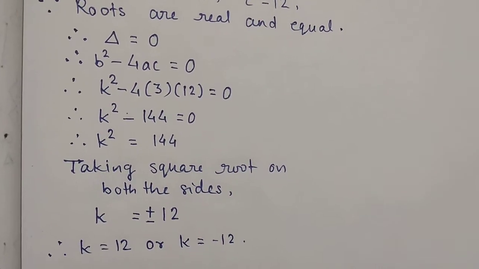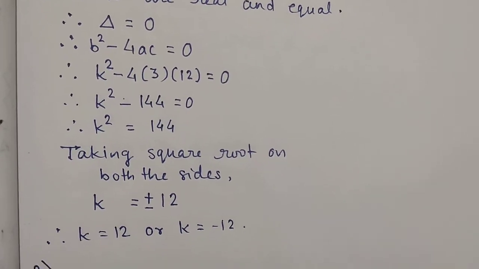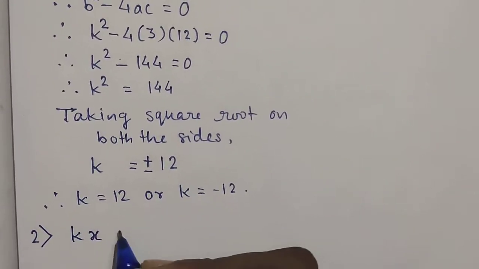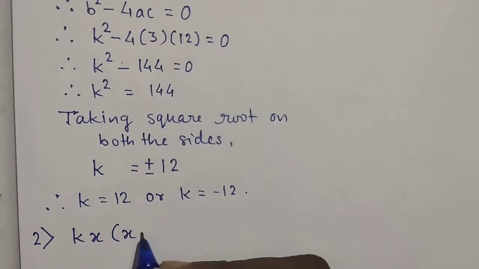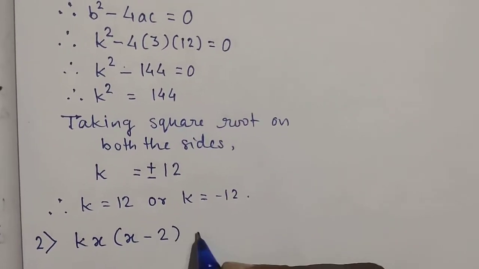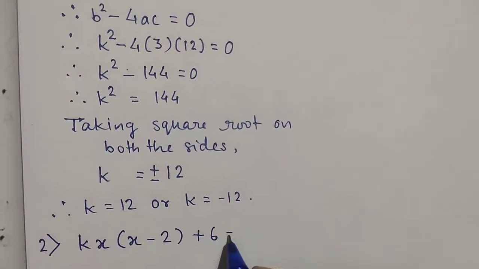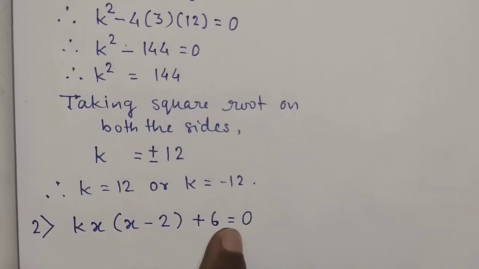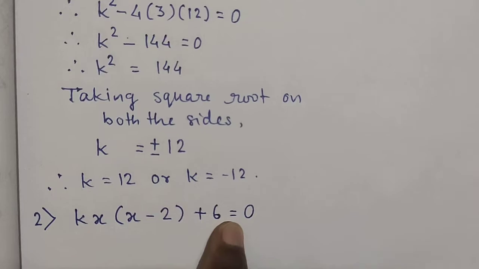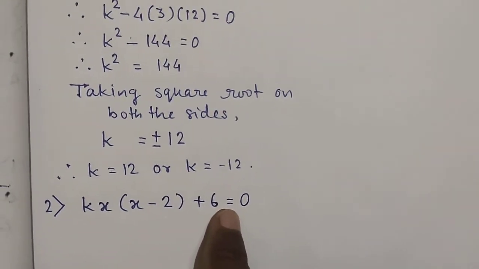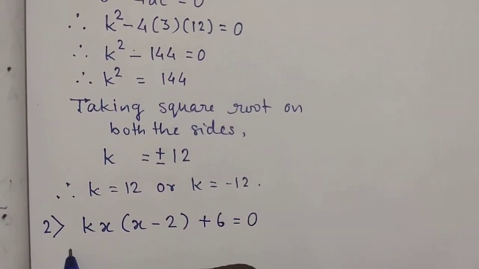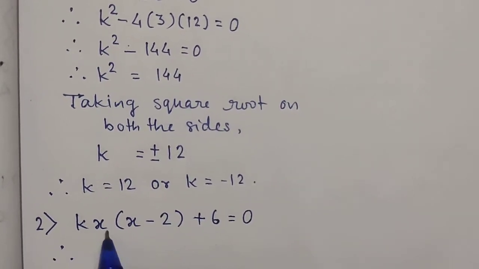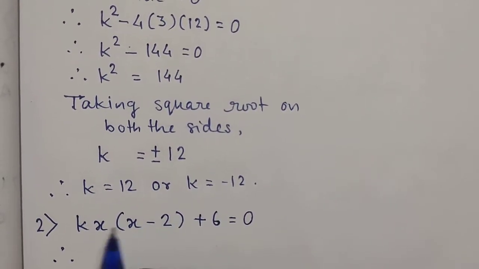Now let us solve the second question. Your second question of the seventh one is kx bracket x minus 2 plus 6 equals to 0. Now this equation is not in standard form. So first write this equation in standard form. That is, you can multiply kx in this bracket.